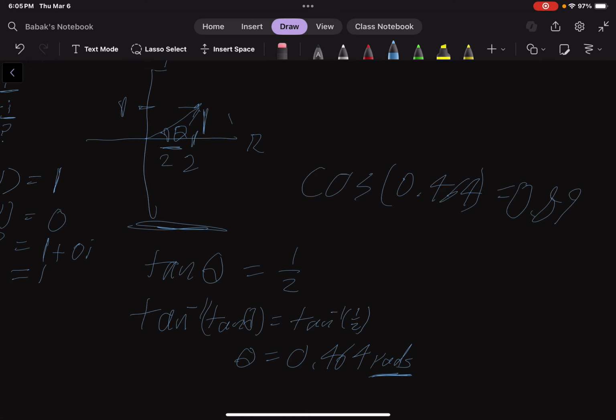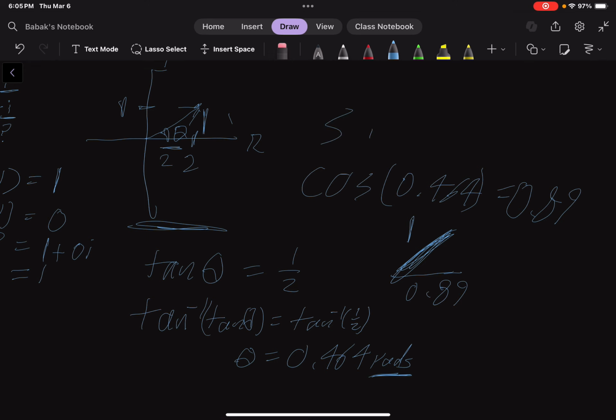Now, as it pertains to this, I believe this would essentially be the horizontal axis, or the real part, if this hypotenuse was a unit vector, so it were 1.